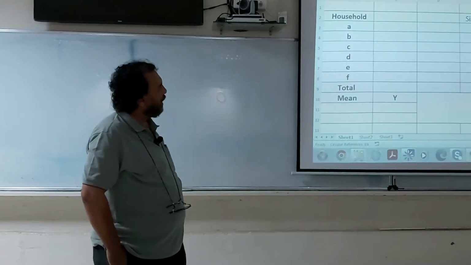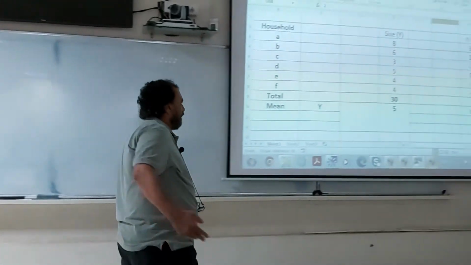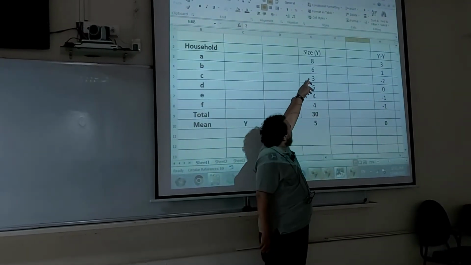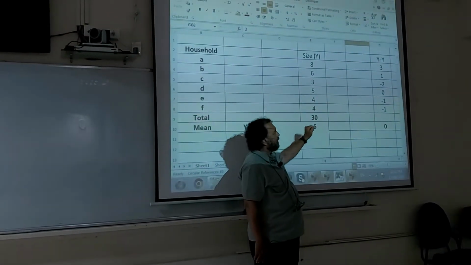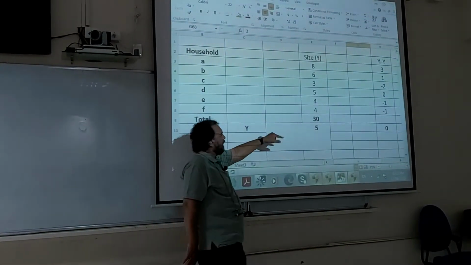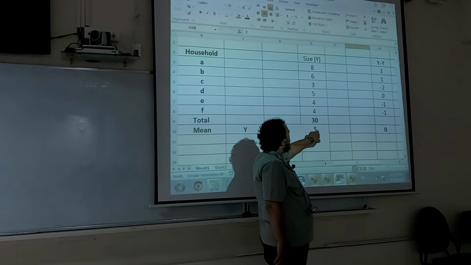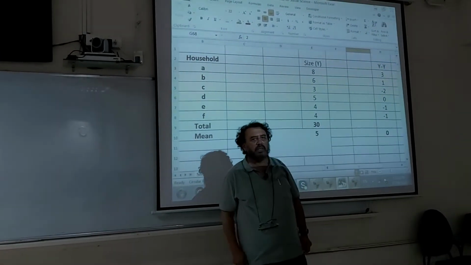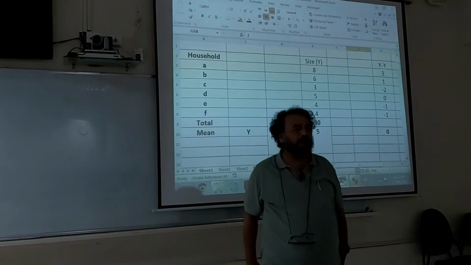And if we do that, computing the arithmetic mean with equal probability, we take the sum of these, which is 30, and there are 6 households. Therefore, the simple arithmetic mean household size would be 30 divided by 6, equal to 5.